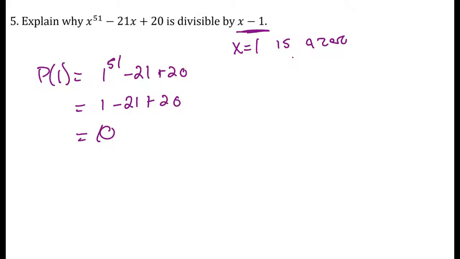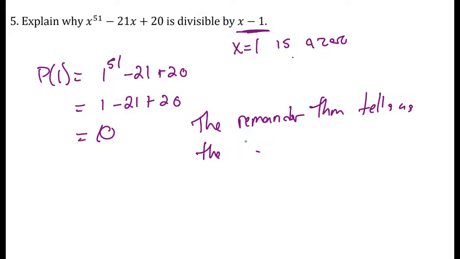So using the remainder theorem and showing that p of 1 equals 0 tells me that x minus 1 is a factor. The remainder theorem tells us the remainder is 0 when we divide by x minus 1, which makes it a factor.